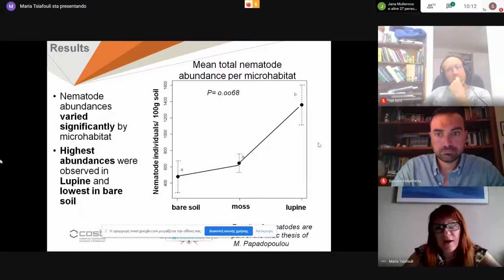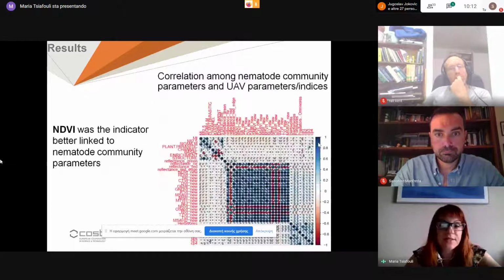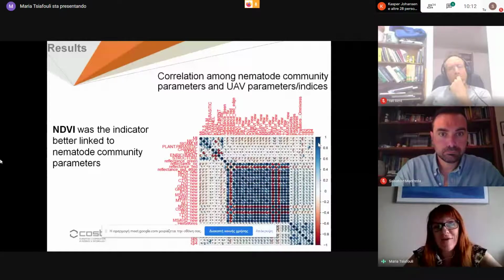Of course, we tested several parameters in our data set. Our data set has over 30 parameters describing the nematode community. I cannot go into detail right now. And around 15 parameters were calculated from the UAV data.